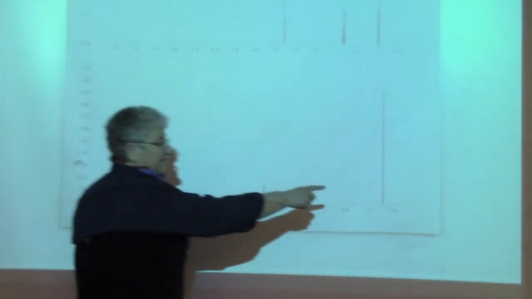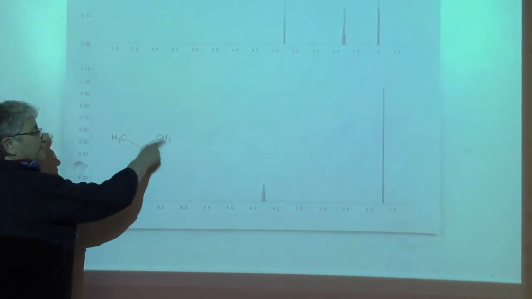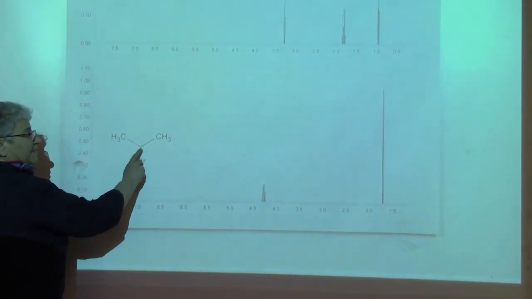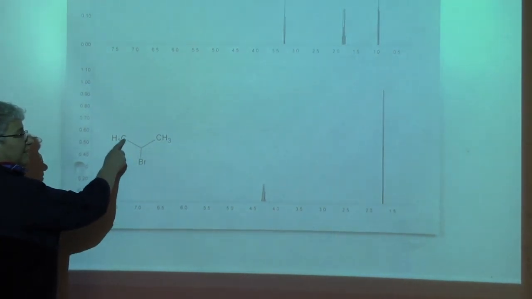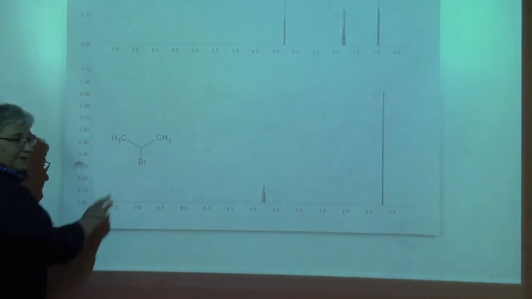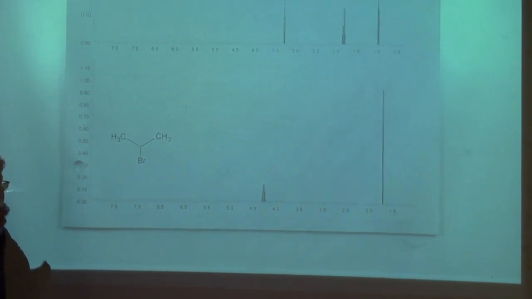When I look at this peak, these 2 methyl groups are the same, but they are split by this 1 hydrogen here. This has 1 neighbor. If I have 1 neighbor, n equals 1, then n plus 1 equals 2 makes me a doublet.